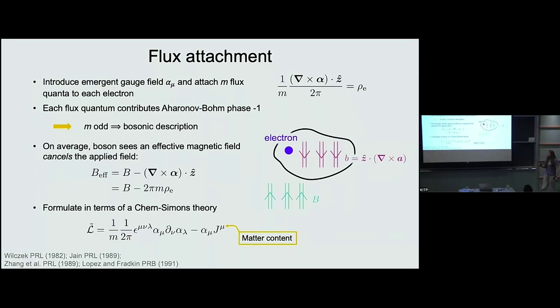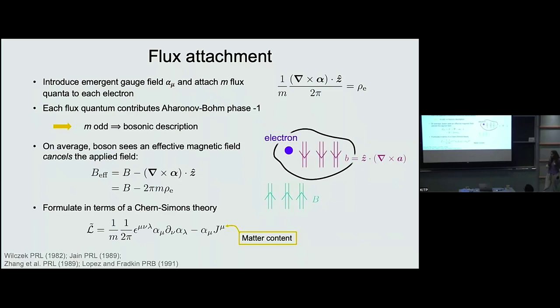We can then ask ourselves what is the effective magnetic field that this object sees, and it is the difference between the true magnetic field minus the number of fluxes you've attached times the density. And so, if you're at the correct density and magnetic field, then this will cancel off completely.